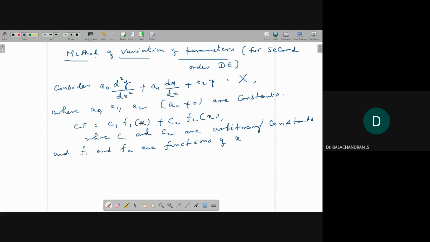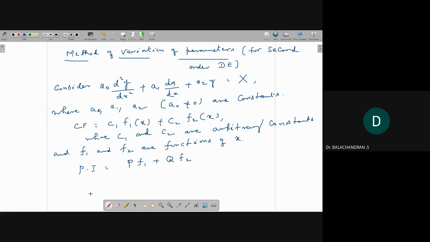Now, using F1 and F2, we are going to find PI, the particular integral. Particular integral equal to capital P into F1, this function, plus capital Q into F2, this function.